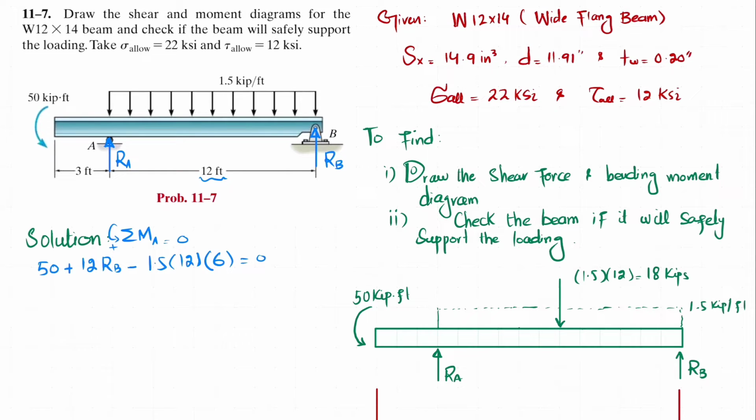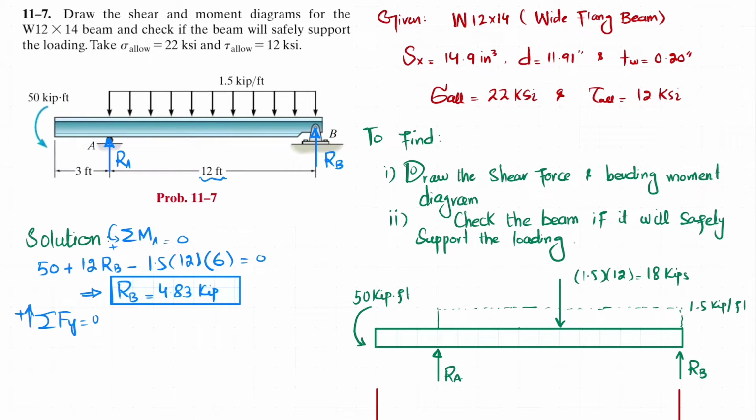Their sum must be equal to 0. When you solve this, you will get RB equal to 4.83 kips.